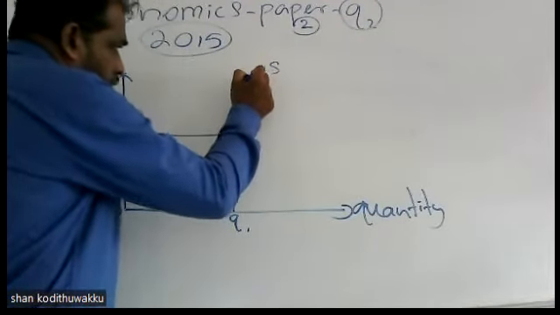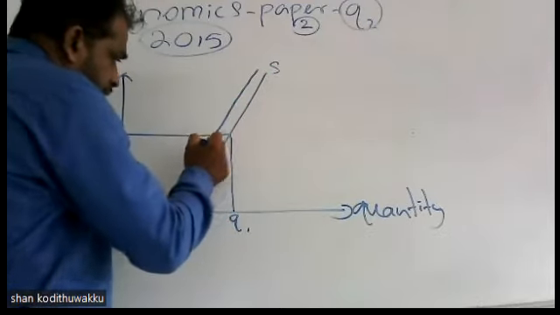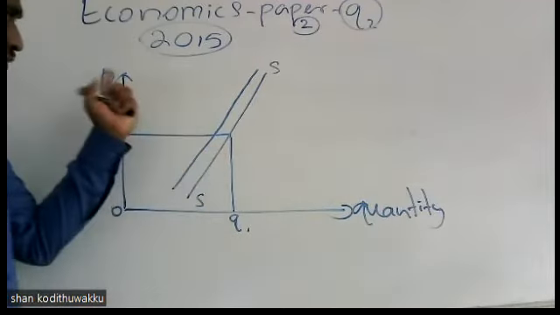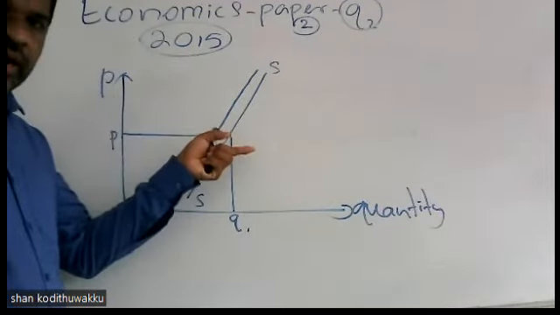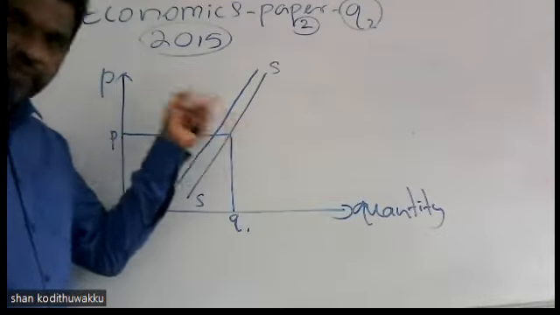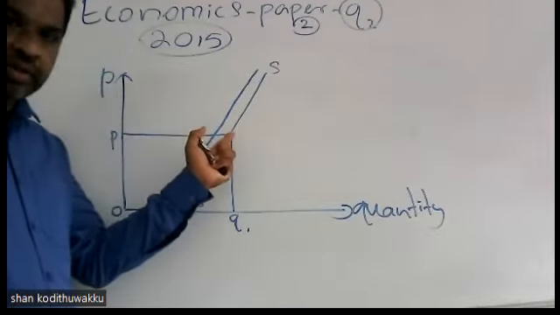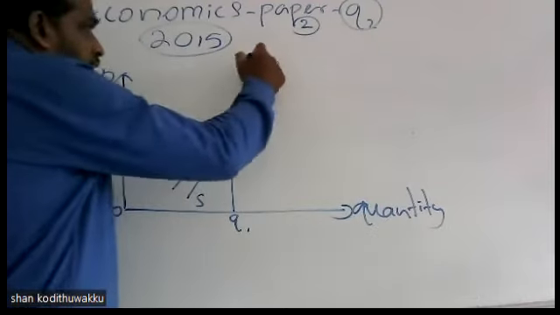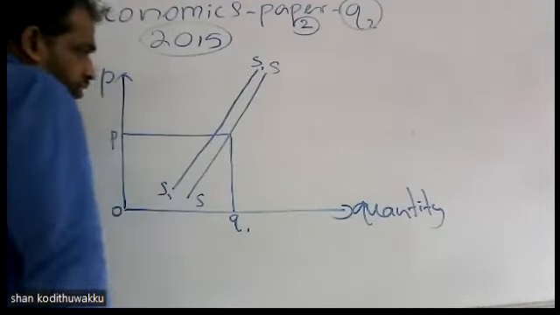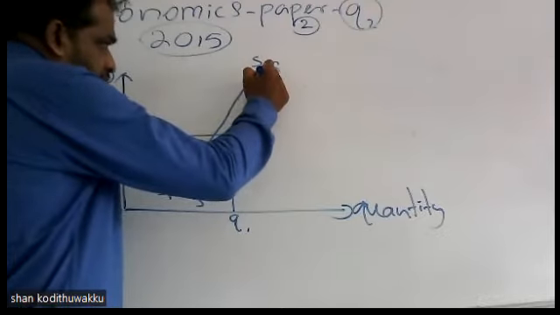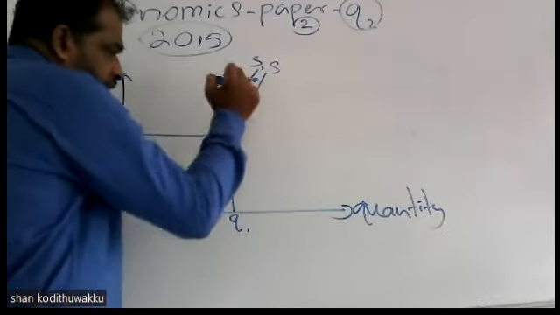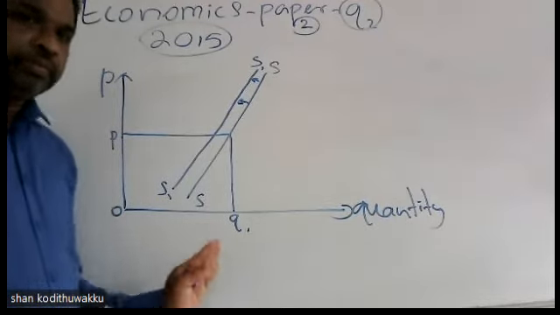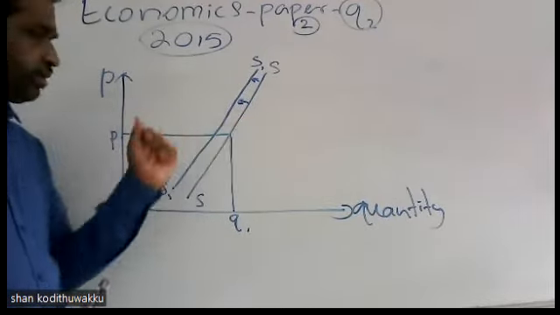Therefore, there will be an inward or leftwards shift, that is from the origin to the left side, from the original SS to the new SS, like this. Because of the unit tax, they will reduce the quantity supplied. Therefore, there will be a shift from the original supply curve to the left.